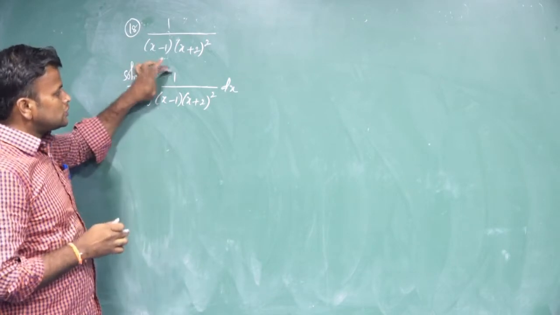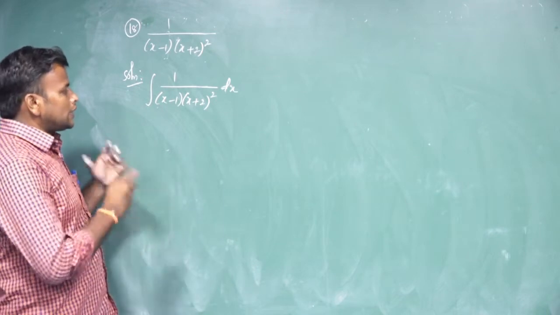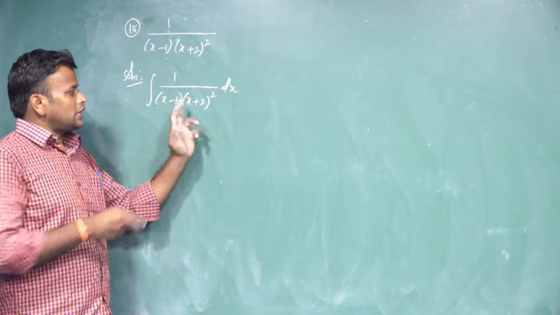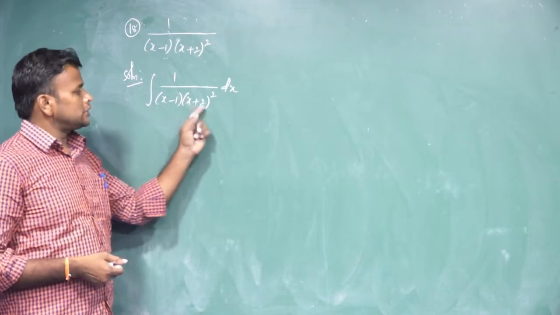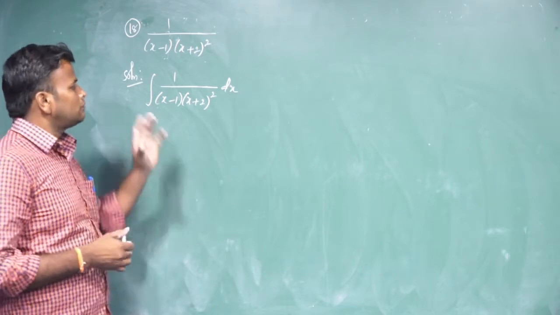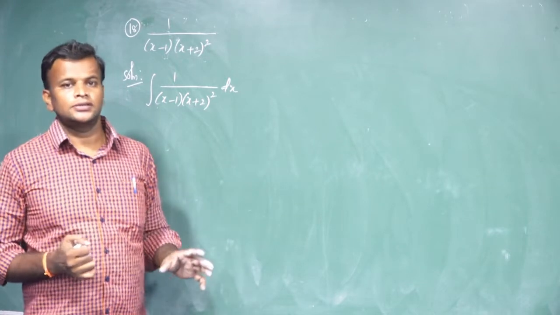You see the numerator is just 1 and the denominator is a variable term. Directly there is no formula. Suppose the term lies in the numerator, we expand it, we multiply, we get a formula from the sheet. But when all the terms lie in the denominator, directly there is no integration formula. We solve the sum by using the same partial fraction.